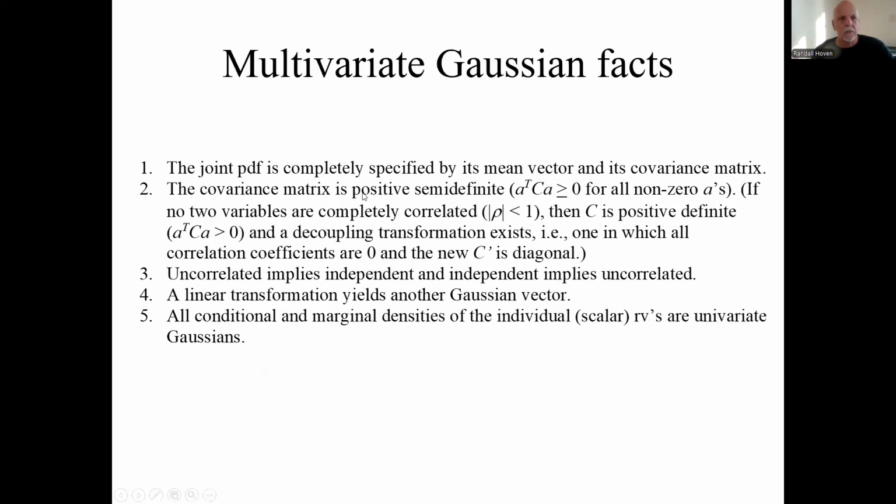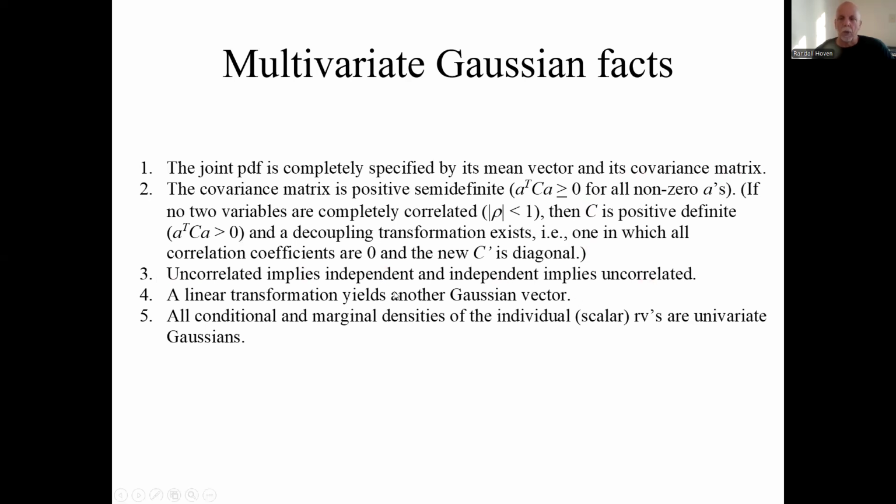Let's see. The joint PDF of the Gaussian is determined by two things: its mean vector and its covariance matrix. I'm not going to go through this. Uncorrelated implies independent for Gaussians.